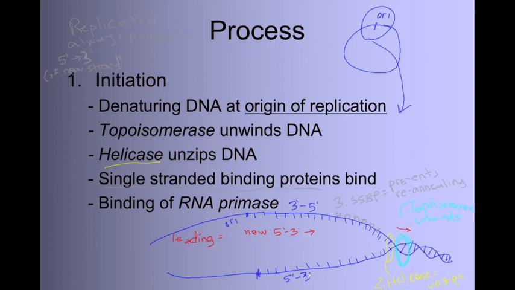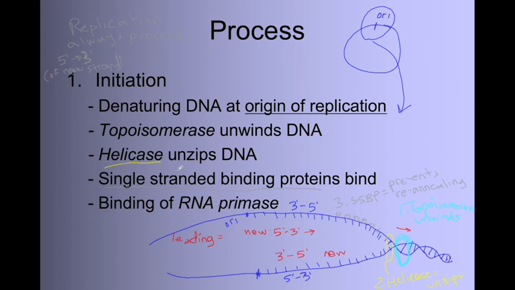However, let's look at this other template down here. This also needs to be replicated. But the problem is that this is in the opposite orientation, or anti-parallel orientation, if you recall. So the template is in the 5 to 3' orientation, which means the new strand is going to be in the opposite, right? 5 is on this side, and 3 is on this side.